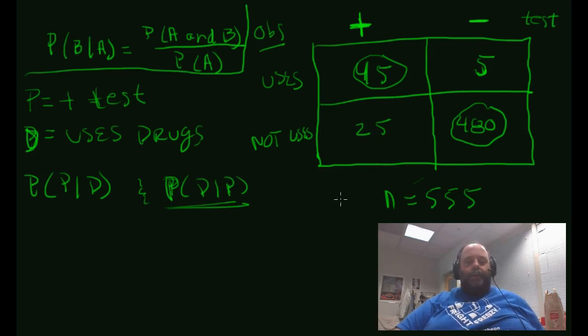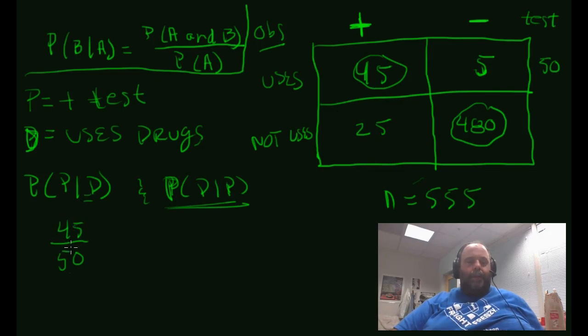Okay, so let's work this out in an intuitive sense. Well, I want to know how many drug users there were. The number of drug users is 45 plus 5. That's 50 drug users, right? So out of the drug users of 50, we would say that 45 of them got a positive result.